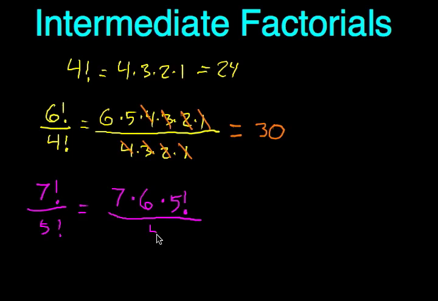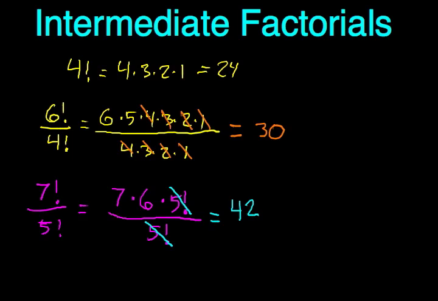And then the denominator is also 5 factorial. So what's going to happen here, you guessed it, 5 factorial in the numerator is going to cancel with 5 factorial in the denominator. And we're left with simply 7 times 6 is 42.